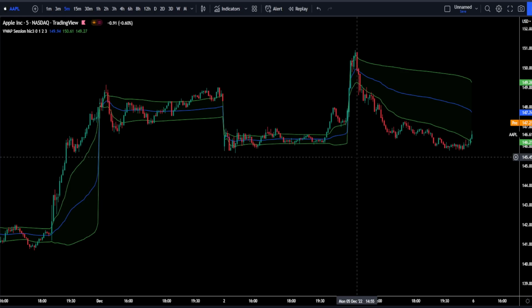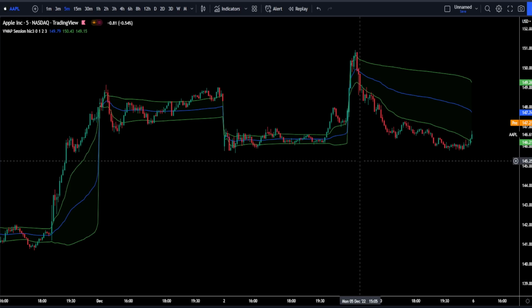The volume weighted average price, or VWAP, is a technical analysis indicator used on an intraday chart that resets at the start of every new trading session. It's a trading benchmark that represents the average price a security has traded at throughout the day, based on both volume and price. VWAP is important because it provides traders with pricing insight into both the trend and the value of a security.